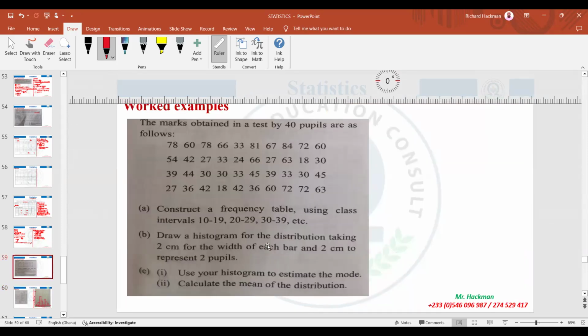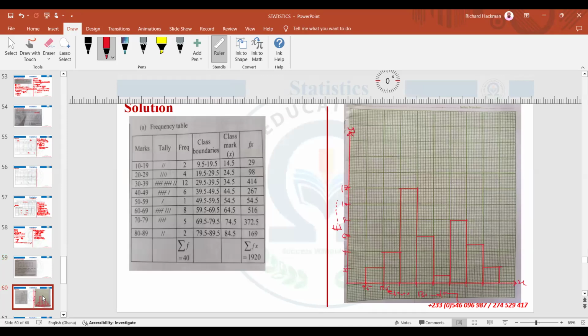Draw the histogram for the distribution. But if you know the exact distribution, you indicate it, because here you know that you are dealing with marks. So your title will be a histogram for the mark distribution, as simple as that. And your title must be in capital letters, always above. Take notes, always above.